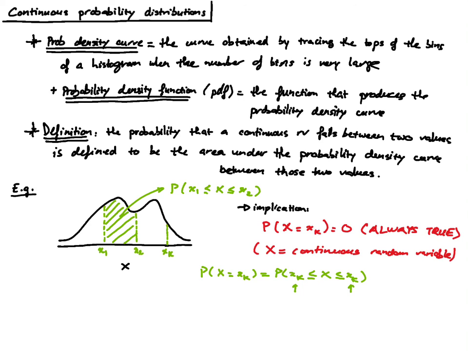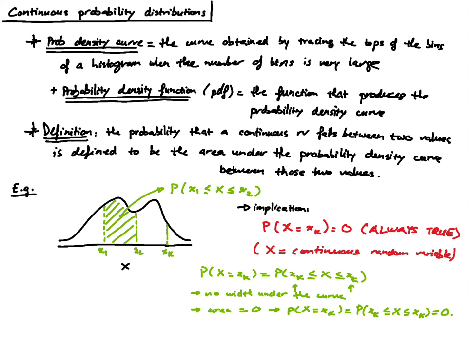But if you look at that area on this graph right here, we only have 1 point, so there's no width under the curve, and so the area is equal to 0, and so the probability that x is equal to xk, which is equal to the probability that xk is less than or equal to x, less than or equal to xk, is 0.